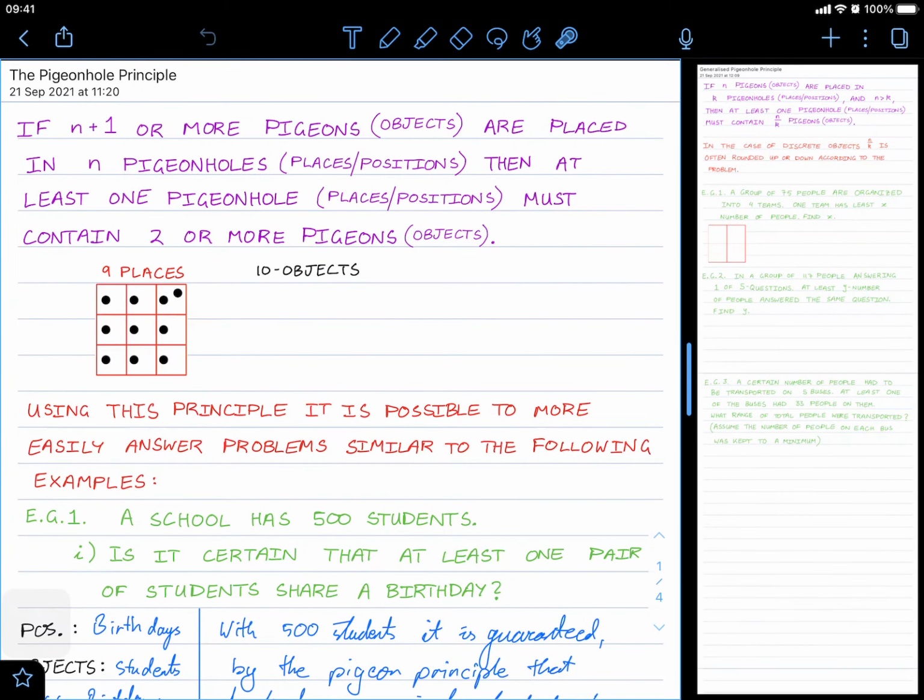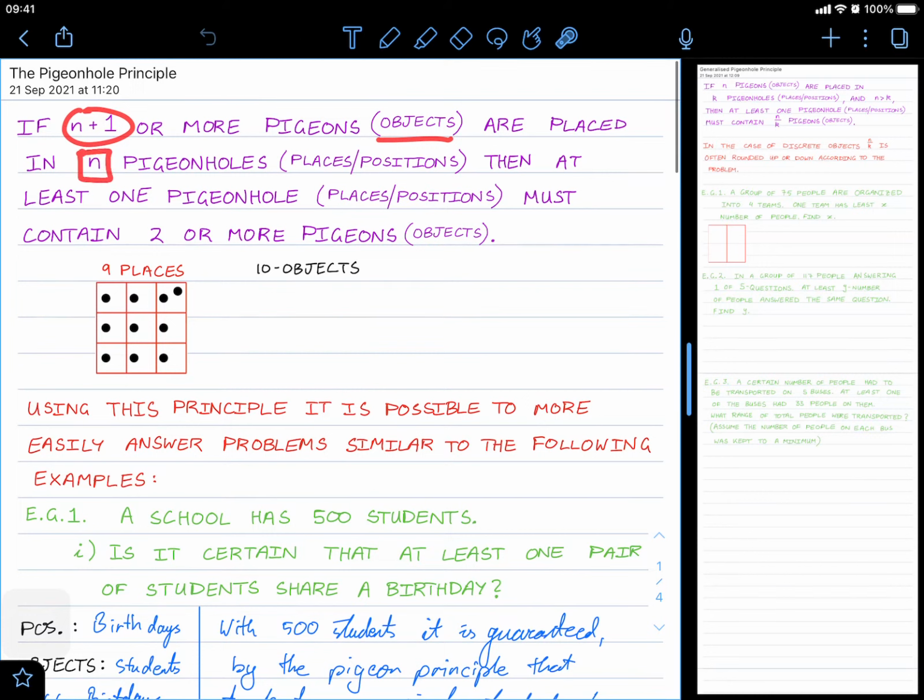In the Pigeonhole Principle, we learned that if there were n plus 1 objects and there are only n positions, then at least one position must have two or more pigeons or objects.